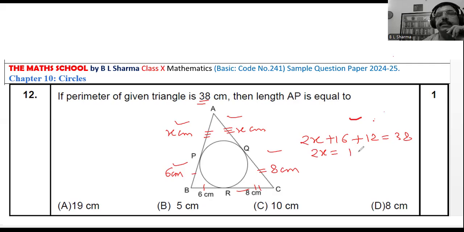So 2X is 10 centimeter, X is 10 by 2, that is 5. It means the value of AP is 5 centimeter. This is the answer.